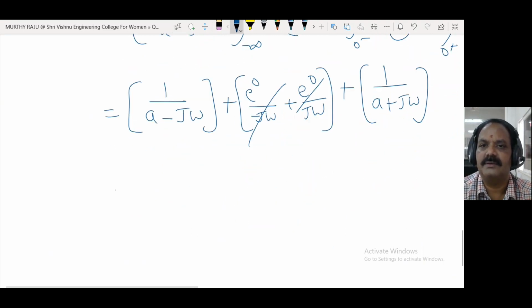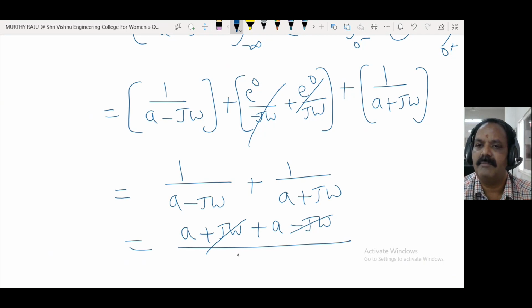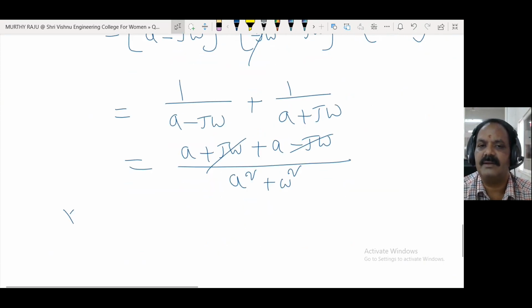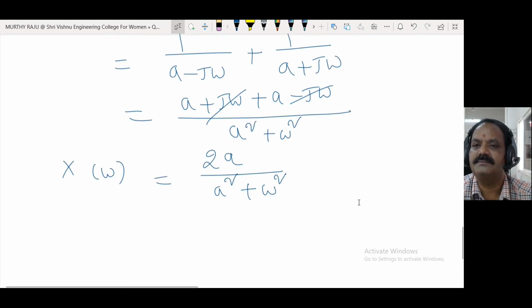Therefore 1 by a minus j omega plus 1 by a plus j omega, a plus j omega plus a minus j omega. These two are cancelled by a square plus omega square. That is, X of omega is equal to 2a by a square plus omega square.